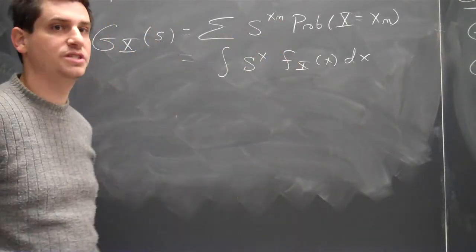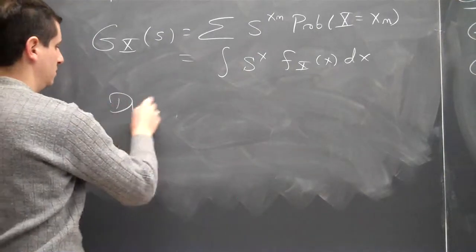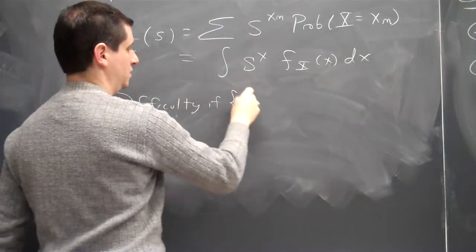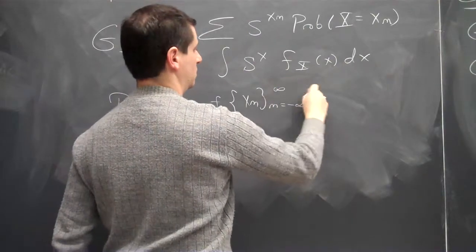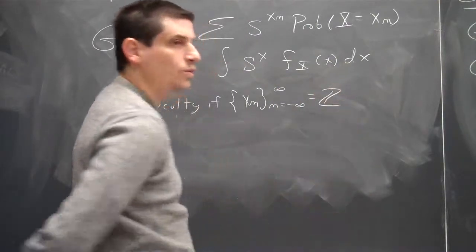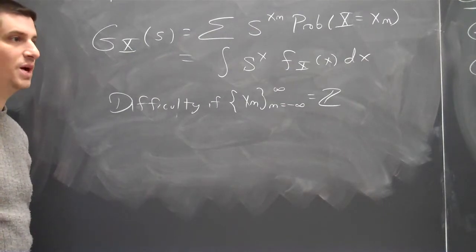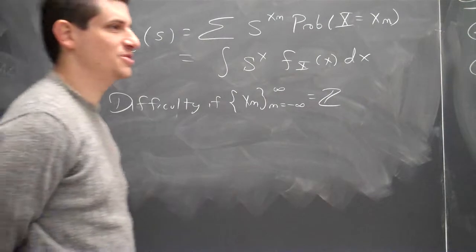What would be difficult to study? What would be challenging? Seeing whether it converges. Yes, so why would we have some convergence issues?